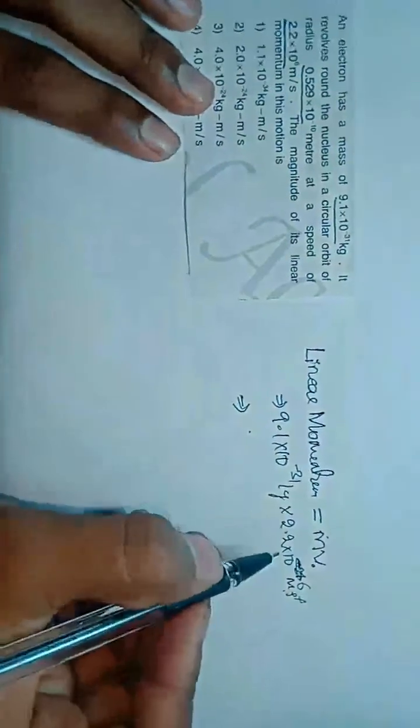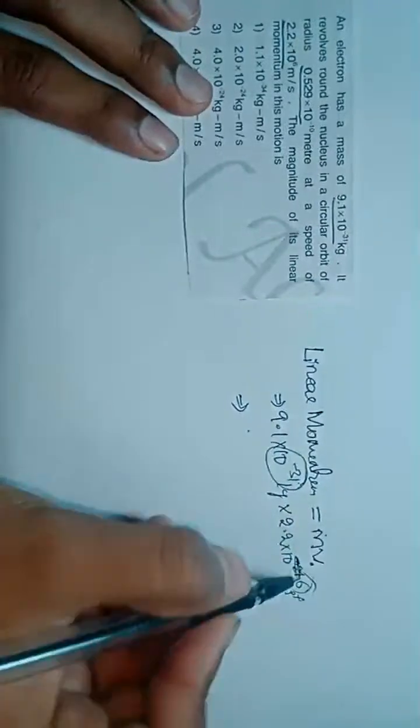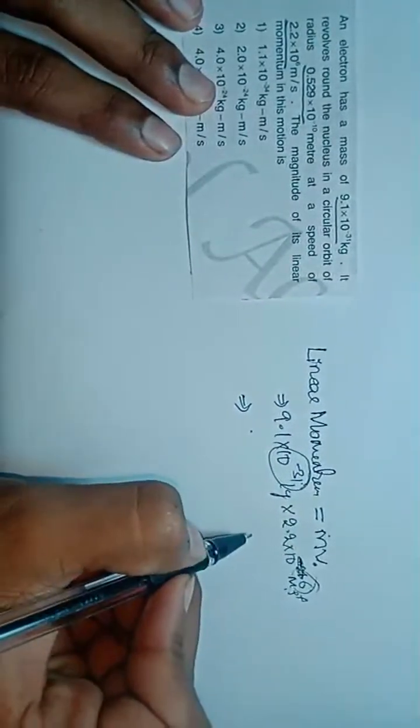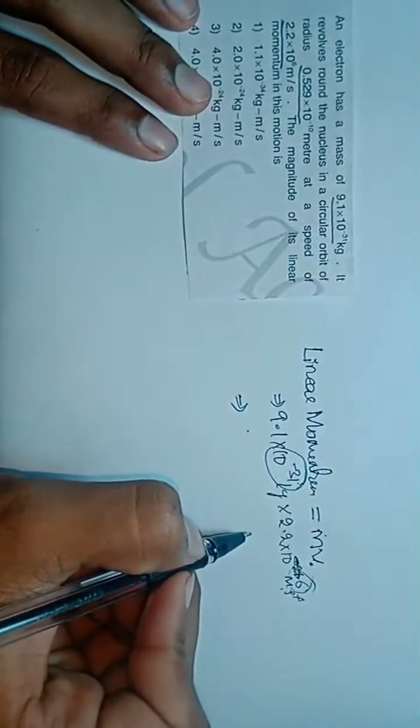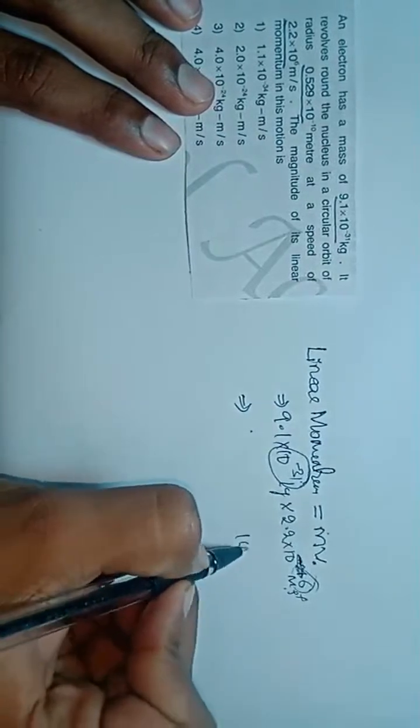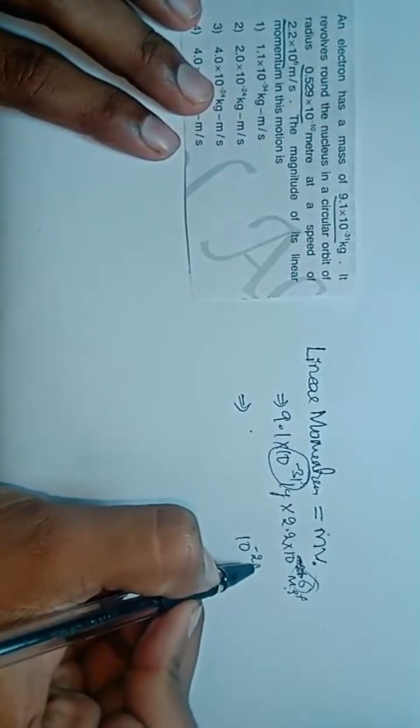I will tell you an easy trick. Just take the powers out once, that is minus 31 and 6, which will be 10 power minus 25.